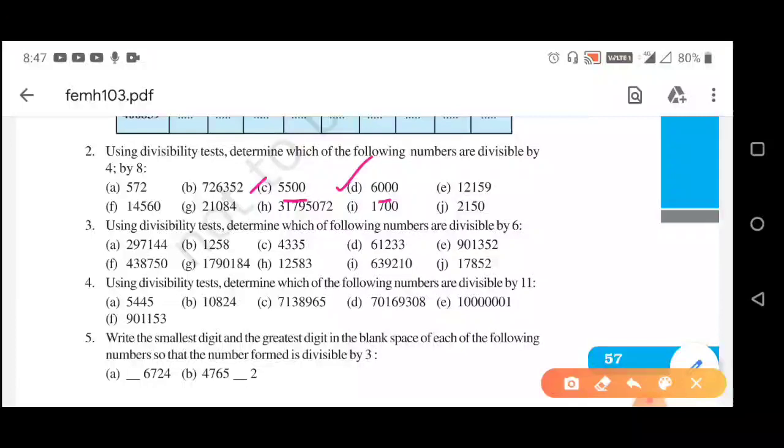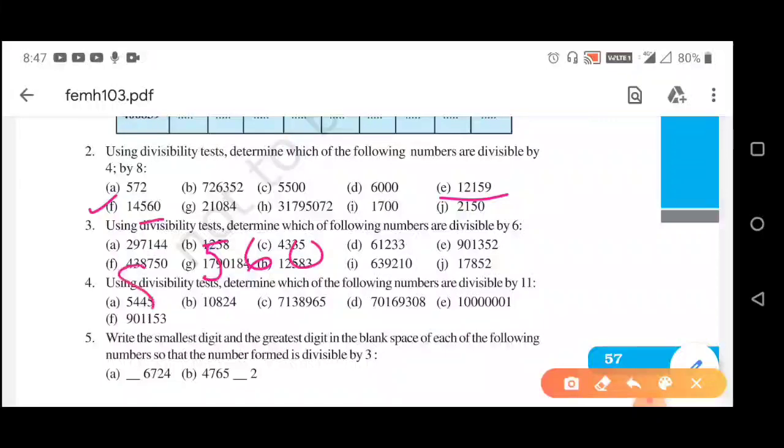Question number E, the number formed by last three digits is 159. 159 is an odd number, so it is not divisible by 8, so the whole number is not divisible by 8.